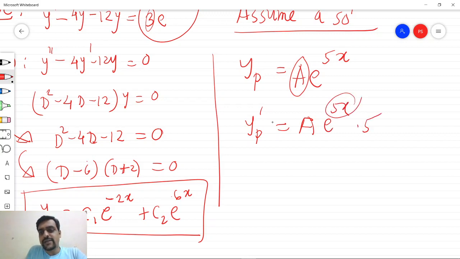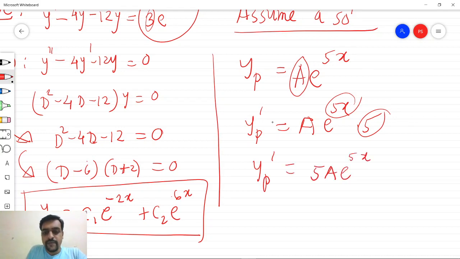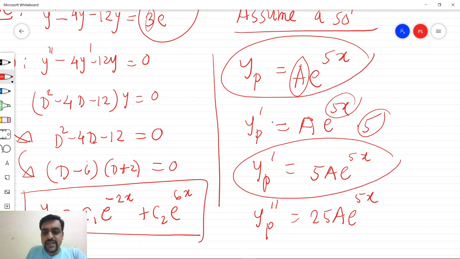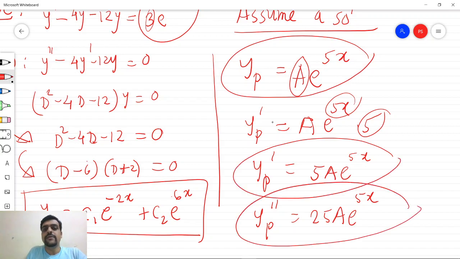Now derivative of 5x is 5, so yp dash would be 5a e raised to 5x. Now if we differentiate it again, we get 5 into 5, 25a e raised to 5x. So we have with us the yp, its first derivative and its second derivative.